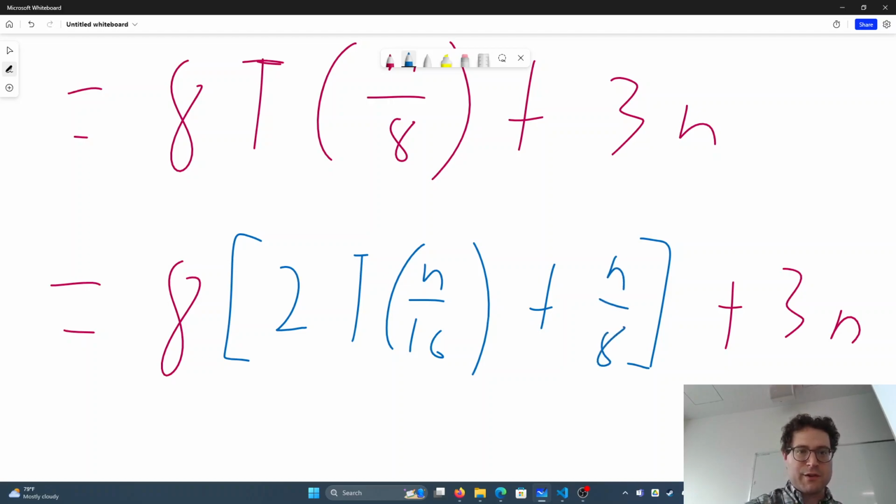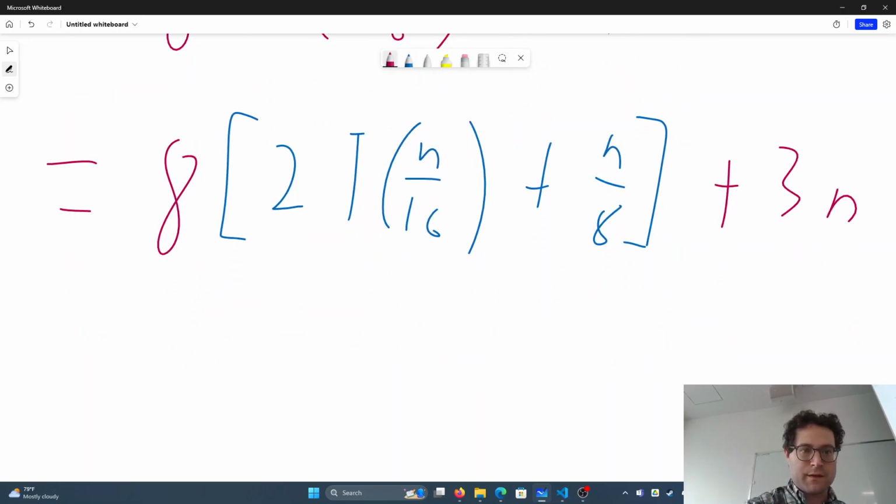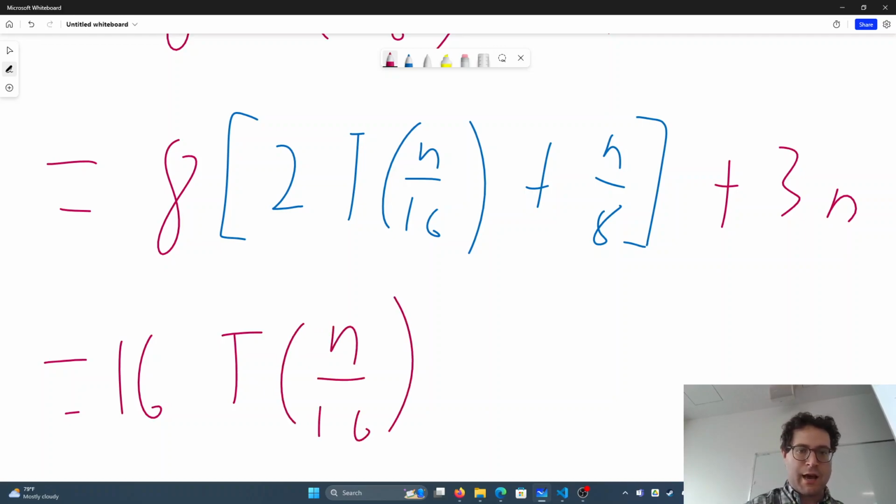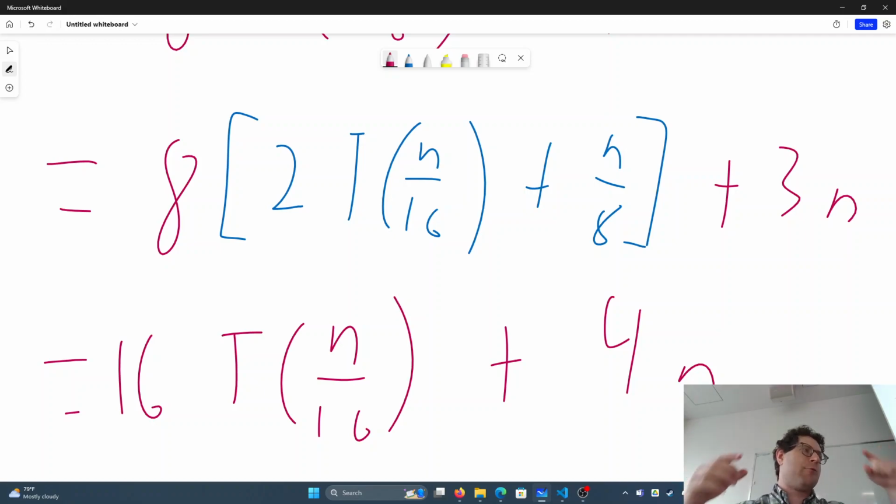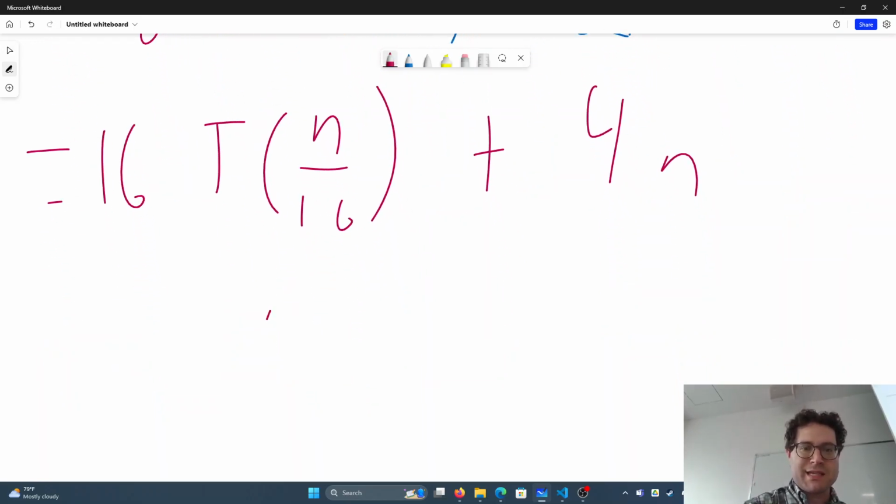And now if we distribute that, what does that turn into? 16T(n/16), right? And how much n now? 4n. So the question becomes, how deep does this go? Well, it's a tree. How deep is this tree? Well, sorry, let me rephrase that. Let's let k be the depth of this tree. How deep is the tree?